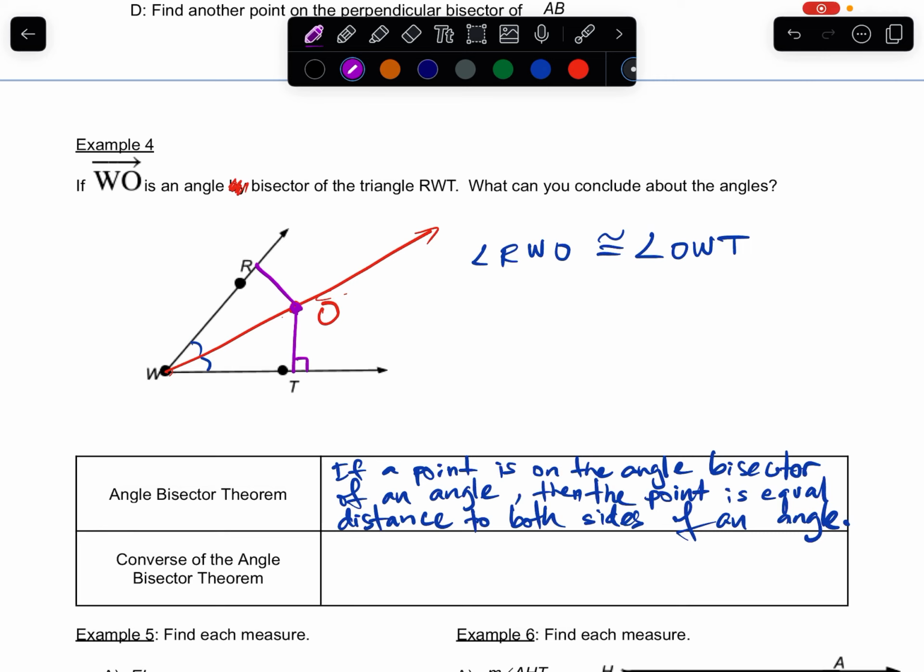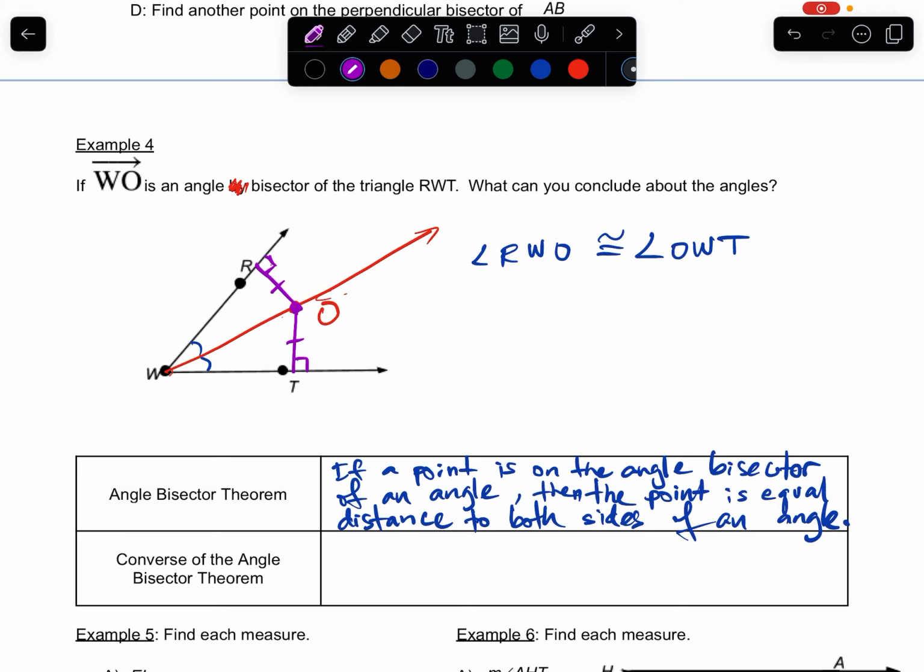And remember, the closest distance between a point and a line is a perpendicular line. So those distances right here are congruent.